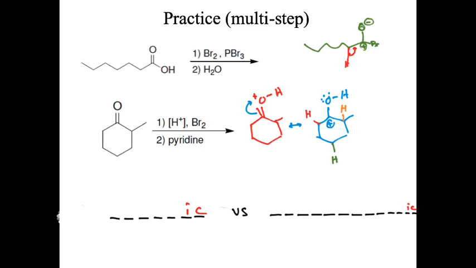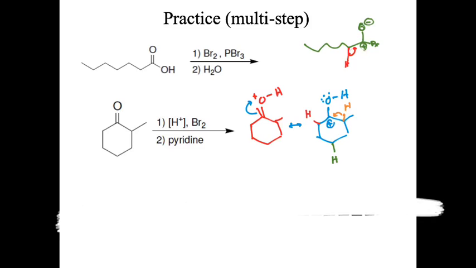So we're going to remove the orange hydrogen to make our pi bond. What happens after we remove that orange hydrogen? We would have what functional group?